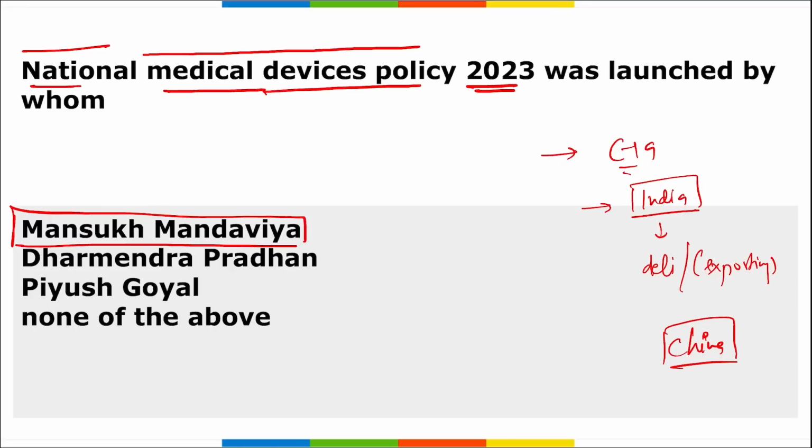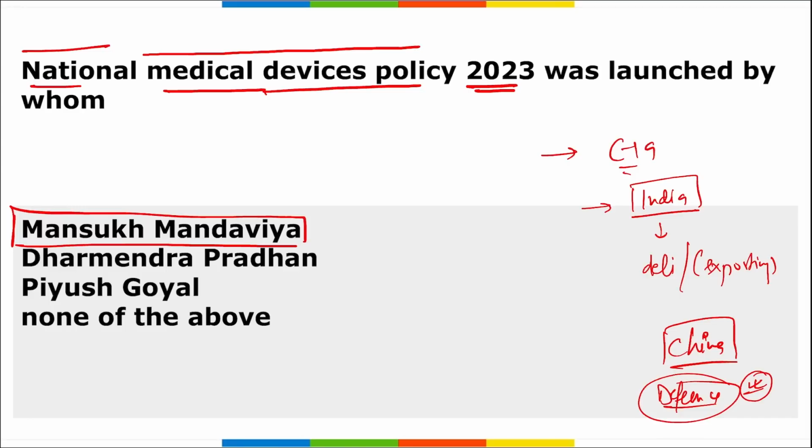For the same reason, we saw this in the defense sector, with the Atmanirbhar Bharat and Make in India initiative, that we are not importing defense equipment and technologies from different parts of the world, rather we are developing them. Similarly for these medical devices, we want to develop medical devices, medical products and more medicines in India only, so that we can cater to the huge population as well as export those items to different parts of the world.